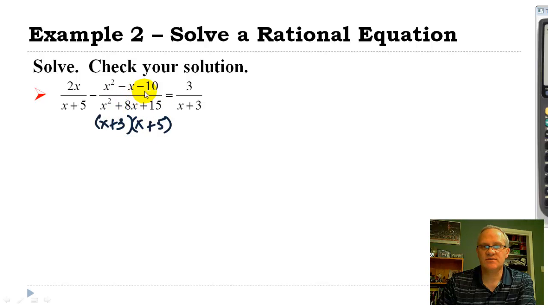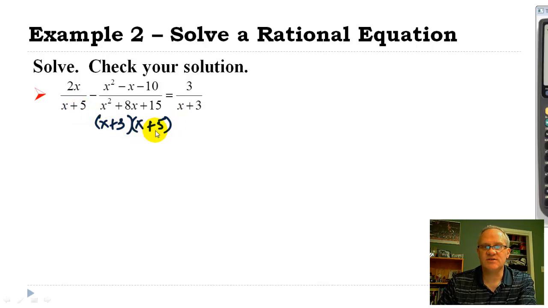So we factored this down. Now when we look at the denominators here, we say, well, what could be the denominator that they all have? Well, basically, again, each factor: this has an x plus 3, this has an x plus 3, this has an x plus 5, this has an x plus 5.